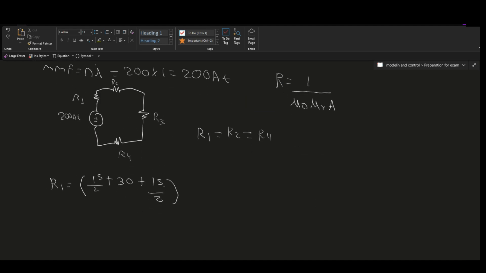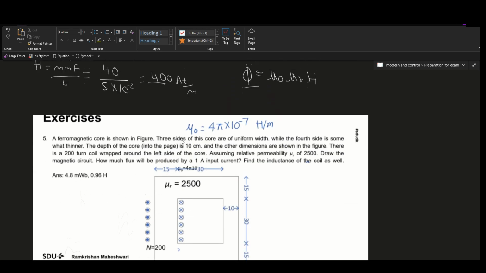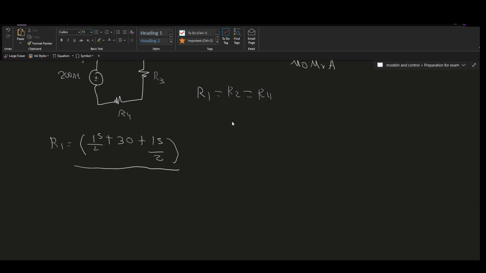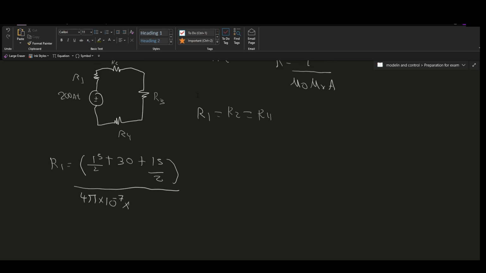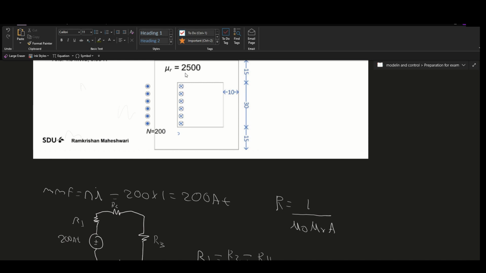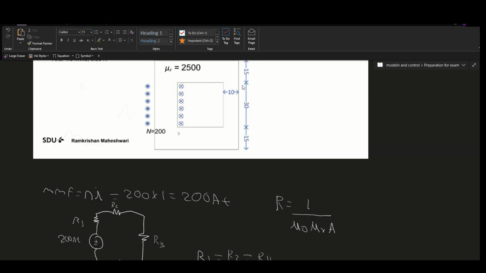Then we divide this by mu naught. Mu naught is the permeability of the air, and is given here as 4 pi times 10 to the minus 7, times the permeability of the core, which again is 2500, times the cross-sectional area.